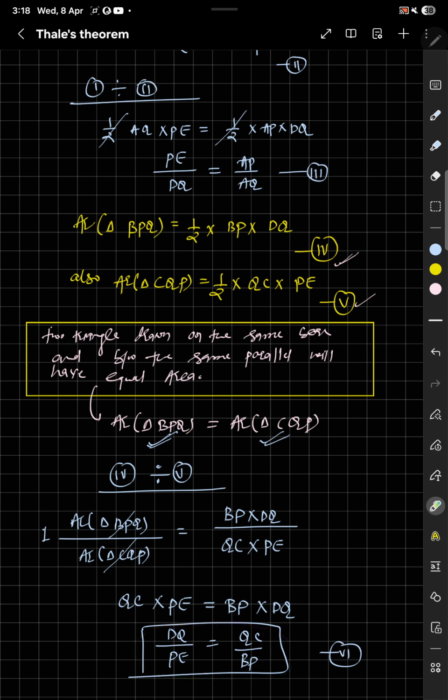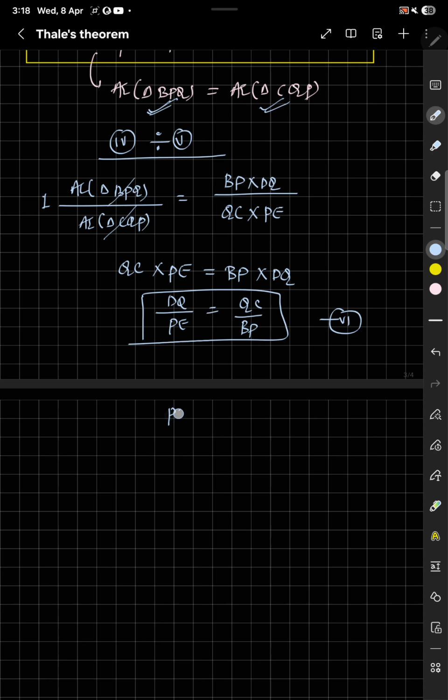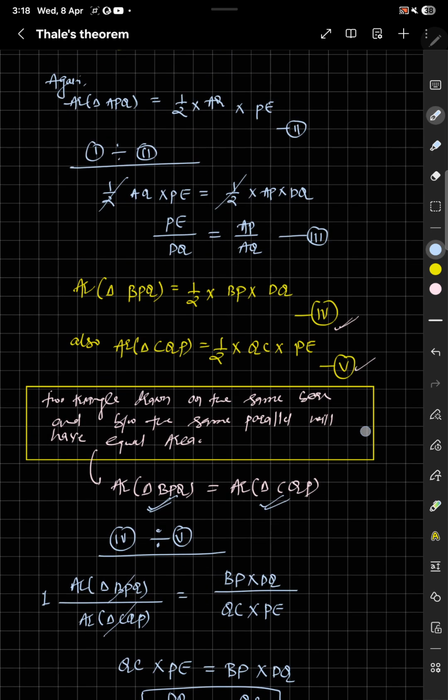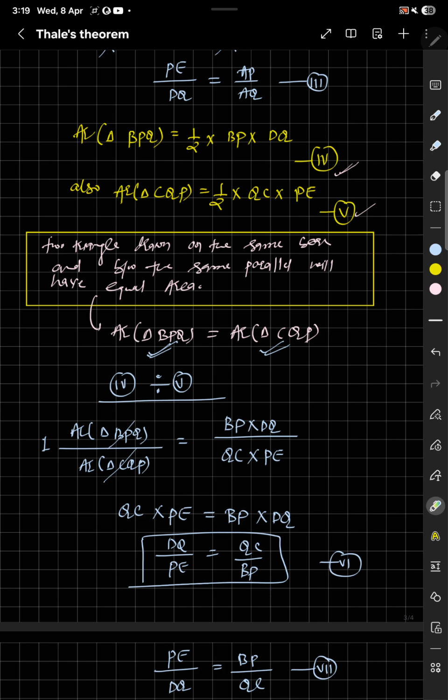So let's do something. What will we do? Here, take the reciprocal of it and get PE upon DQ is equal to BP upon QC. So from this, what we observe is that both ratios have the same thing on the LHS.